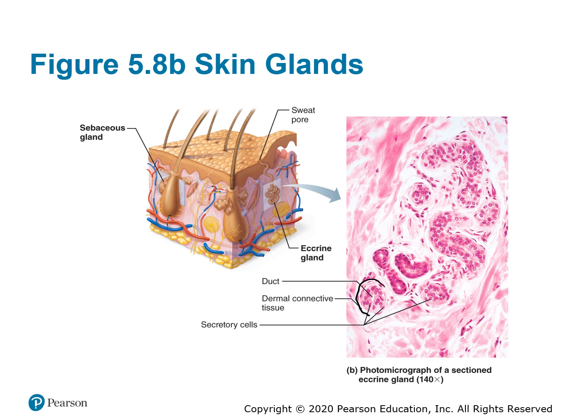So if you look here, also a fun little thing, what type of tissue and cell type would you find here? Anyways, so you have that duct that secretes the sweat.